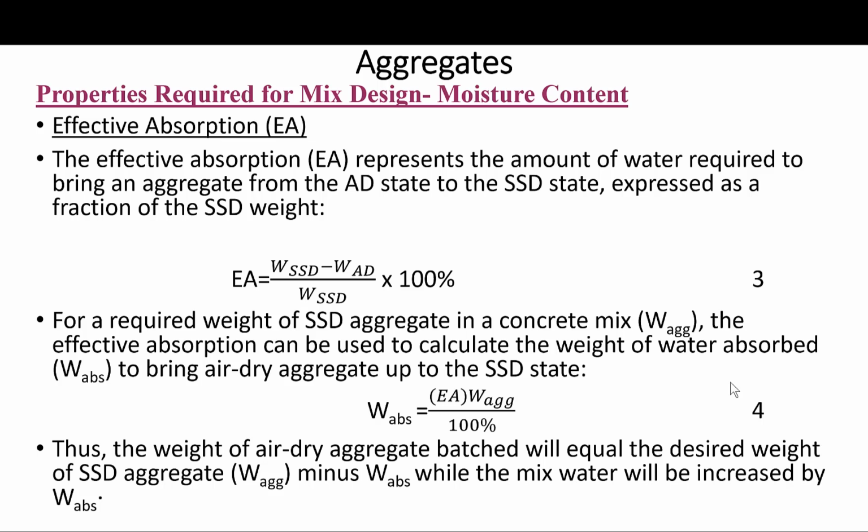I mean, this process will not stop, but it is mostly done in 30 minutes. Further absorption beyond this time will be slow, but it will be accompanied by a gradual decrease in workability of the concrete, because absorption will go on. Although small, you may experience some loss of workability.